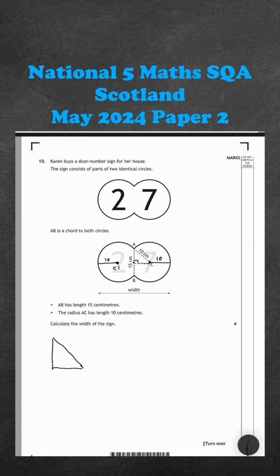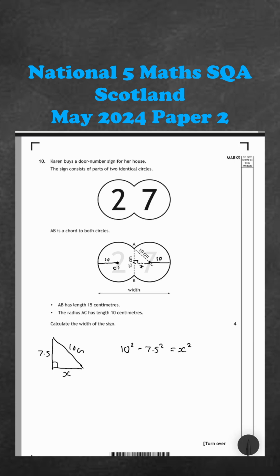So the side length we want, we'll call it X. Right angle, 10 centimeters, and we know it's halfway up the chord AB, which means that's 7.5 as that's halfway up 15. So we can work out x by saying 10 squared minus 7.5 squared equals x squared. Use a bit of Pythagoras there.